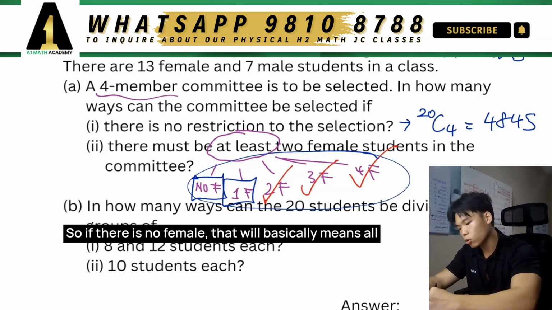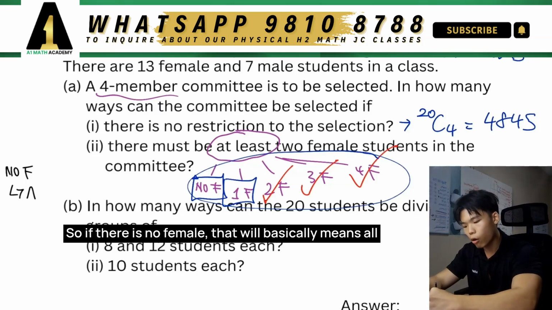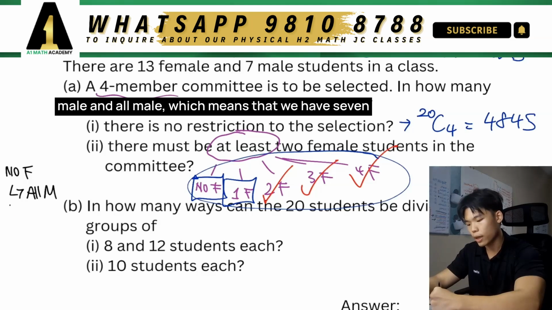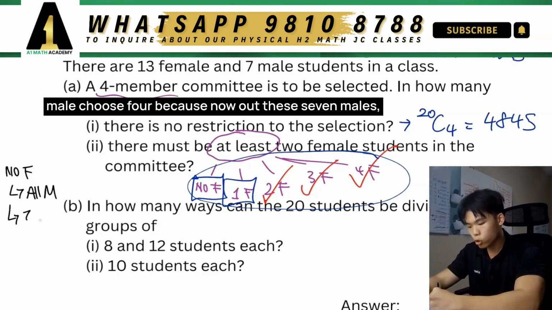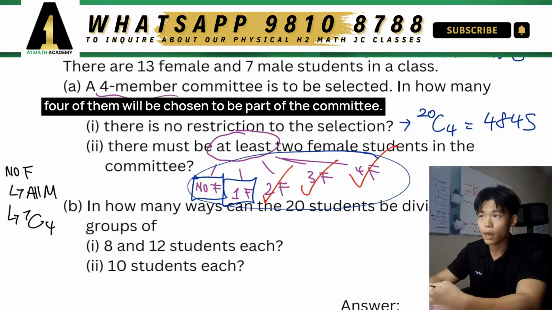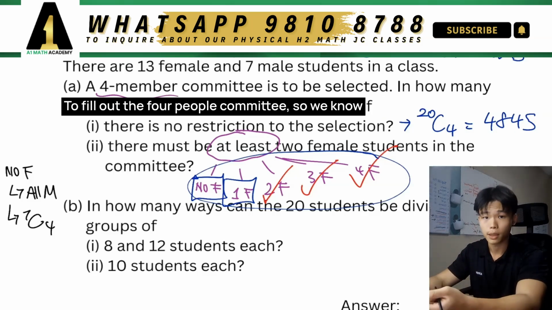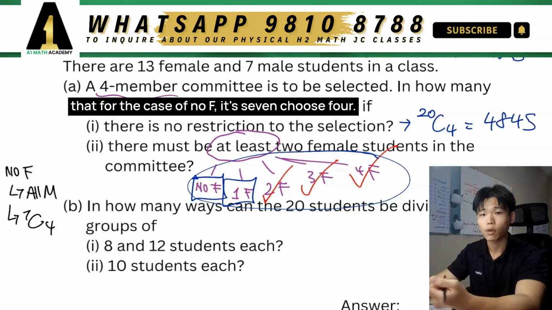So if there is no female, that basically means all male, which means we have 7 male, choose 4. Out of these 7 males, 4 of them will be chosen to fill out the 4-person committee. So for the case of no F, it is 7 choose 4.